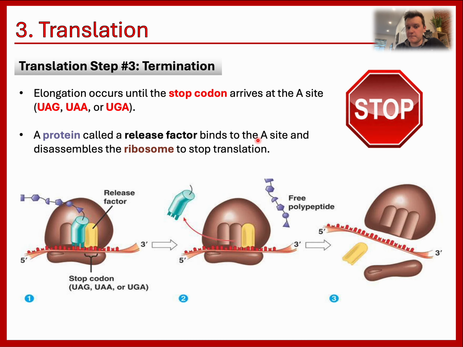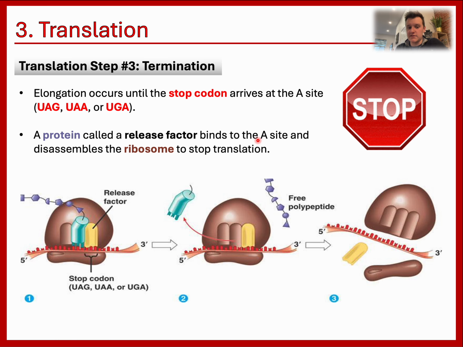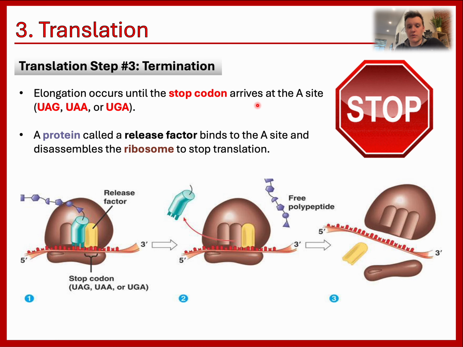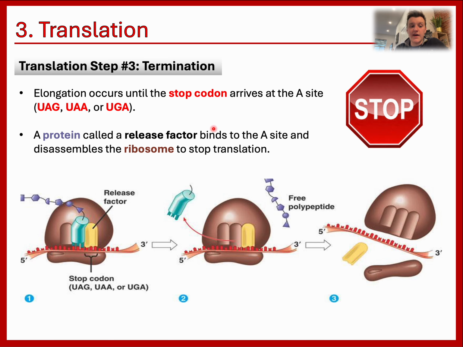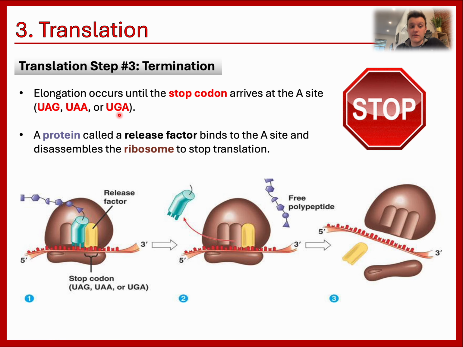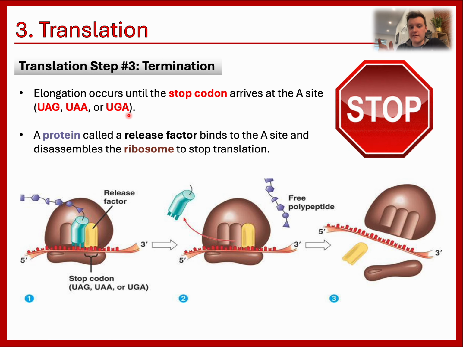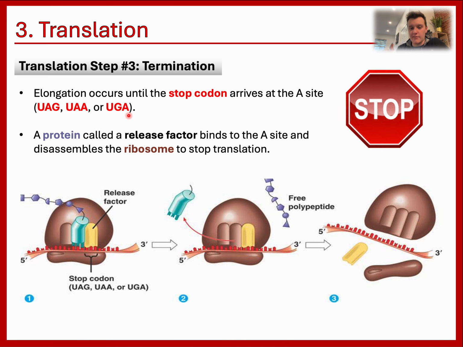The last part is termination of translation. So elongation occurs until the stop codon arrives at the A site. So UAG, UAA, or UGA, if you go look at your codon table, you'll see that those are the little codes that you have for terminating that mRNA.